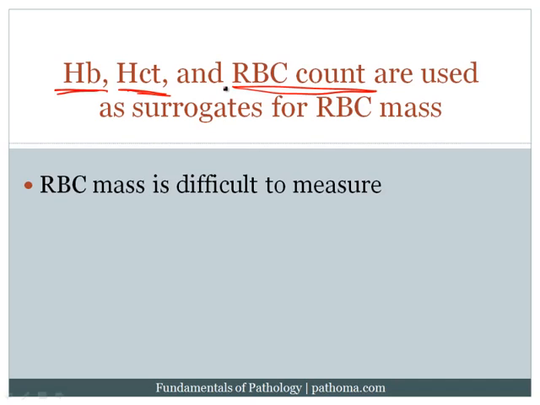So again, another reason why these are just surrogates. But for the purposes of what we want to consider, I think that the hemoglobin and hematocrit and the red blood cell count are relatively useful for determining red blood cell mass.